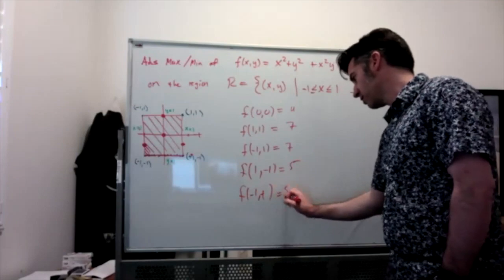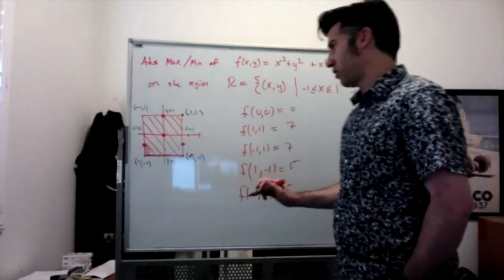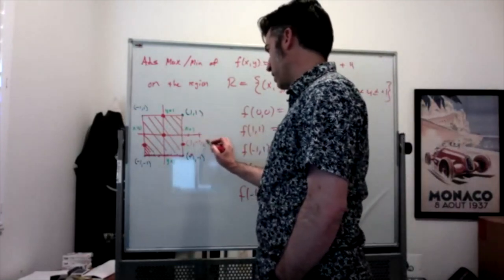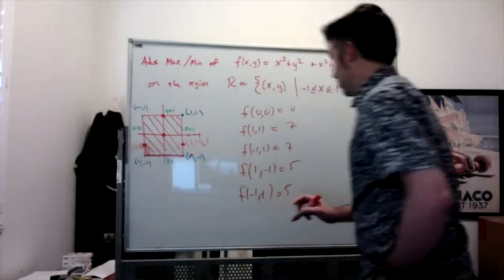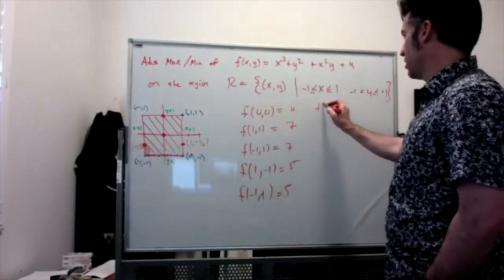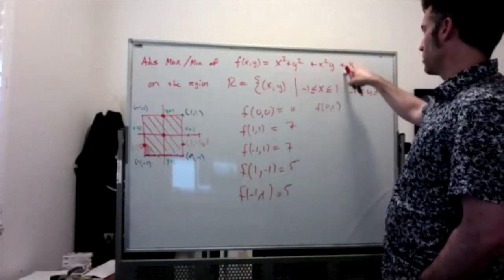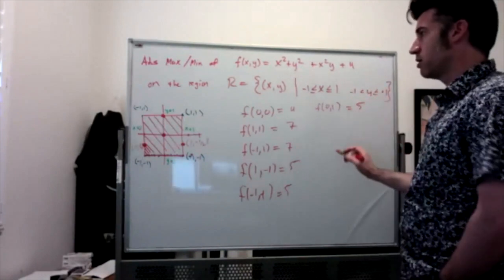Okay, let's see. I've got these points left to check, which this was 0, 1. This was 1 comma negative 1/2. This was negative 1, negative 1/2. So plugging in 0, 1, f of 0, 1 is going to be 0 plus 1 plus 0 plus 4. Okay.